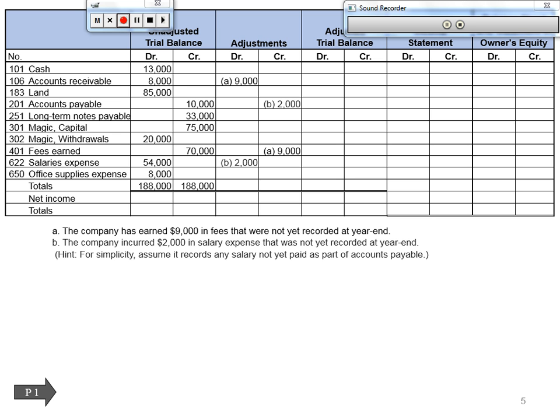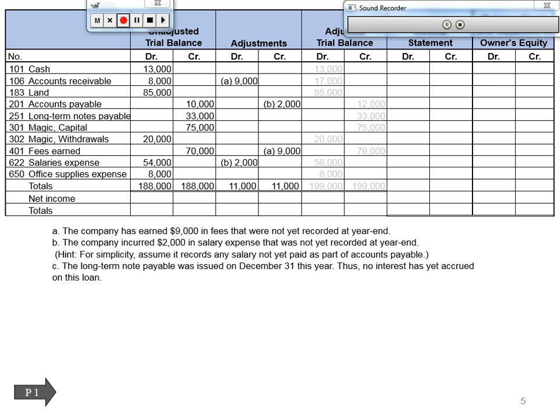There was a $500 difference. That was correct, right? Good so far.